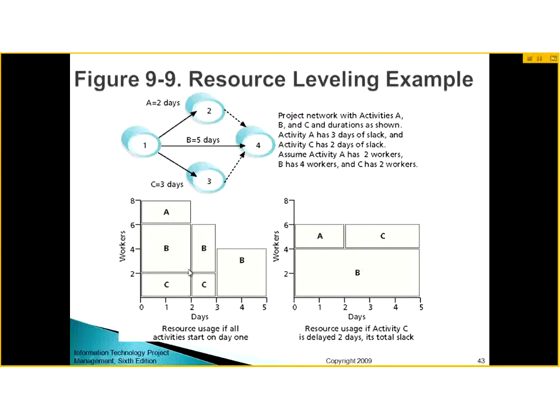You started your work. After 2 days, activity A got finished, so you do not require those workers now. Now you require 2 workers for C and 4 for B. After 1 more day, activity C also got finished. Now only activity B is left, so 4 workers will be working on activity B till the end of day 5.